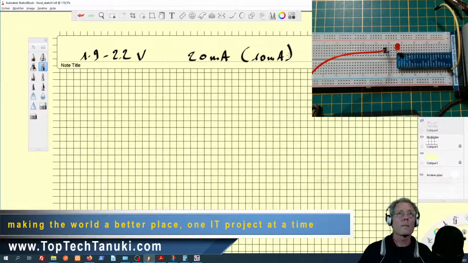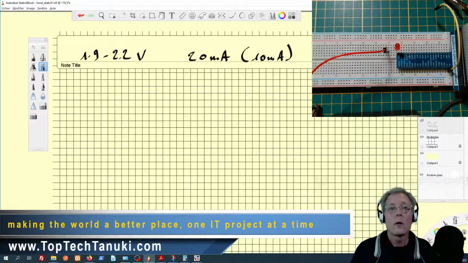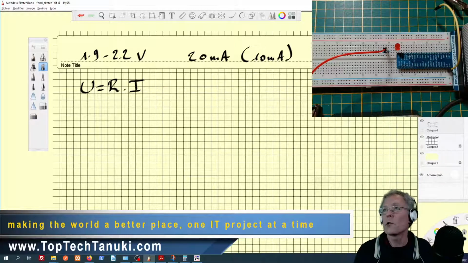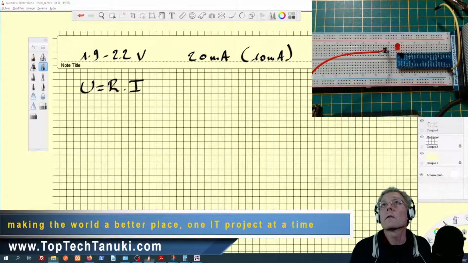Okay, and what do we know? We know Ohm's law. Pay attention: voltage is equal to resistance by intensity, by the current.